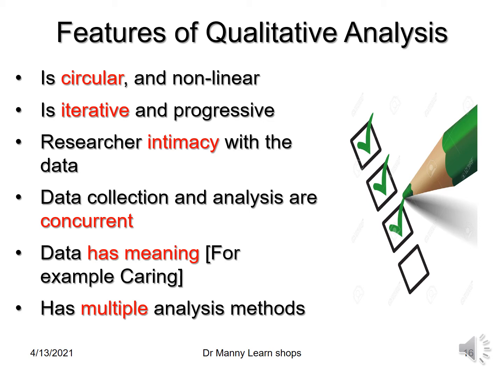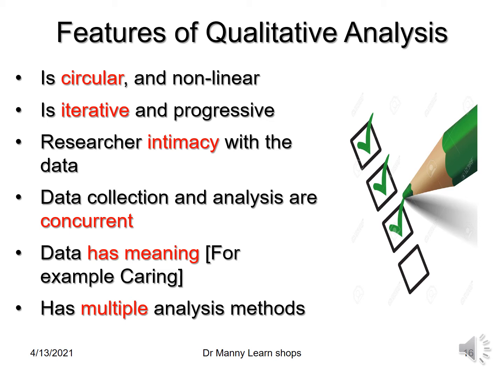Data collection and analysis are concurrent. They typically occur at exactly the same time. So as soon as you start collecting data, you start analysing it, which again in quantitative research isn't done. In quantitative research, you collect the data, and once data collection is concluded, then you start analysing the data.